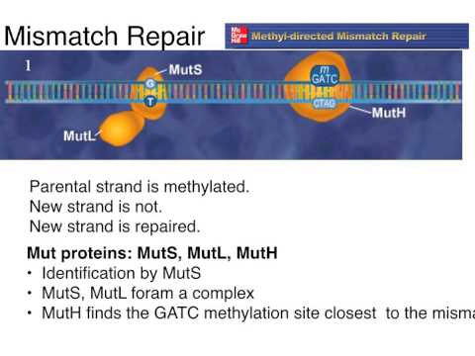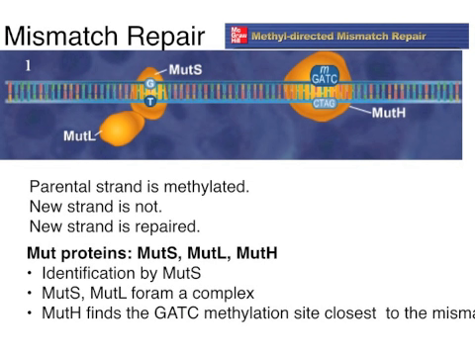The parental strand is methylated, but when the new strand is synthesized, it's not methylated yet. And so we know that the new strand must be the one with a problem, and therefore, that's the one we want to change. Now, the mismatch repair mechanism relies on the Mut proteins, MutS, MutL, and MutH.